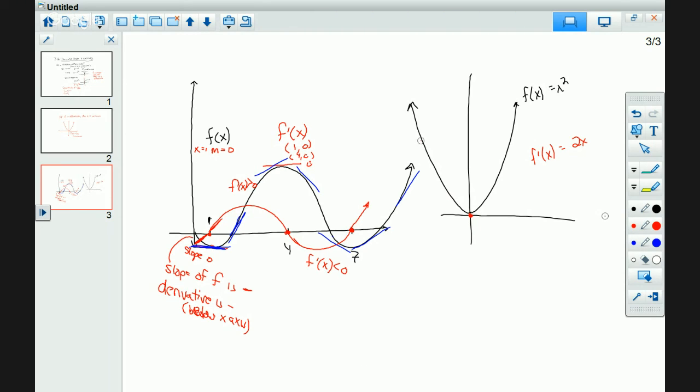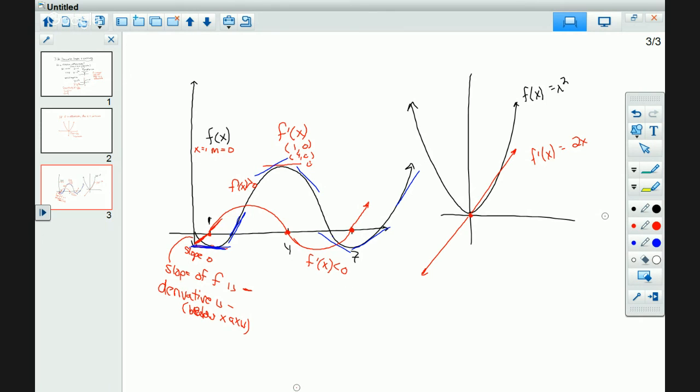Over here, the slope is positive or negative? Negative. And over here, it is positive. Okay. See how those correlate? The y-intercept is 0. The slope is 2. Now my graph sketch is not perfect. It gets the job done. Okay.